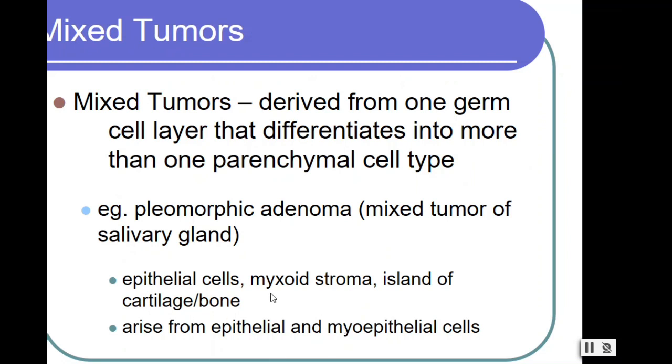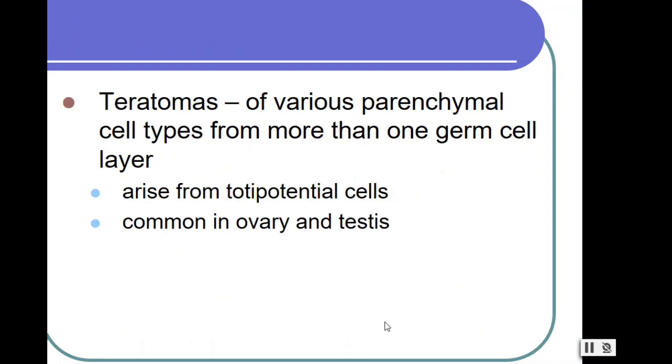Now, pag mixed tumor, kaya nasabi natin, ito po ay more than one germ layer. Pleomorphic adenoma of the salivary gland is the classic example. Meron siyang epithelium, meron siyang cartilage and bone. Kaya, mixture siya ng connective tissue at saka epithelial tissue. Meron pa siyang myoepithelial cells.